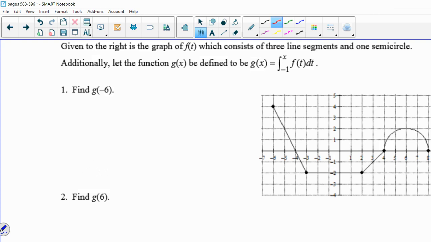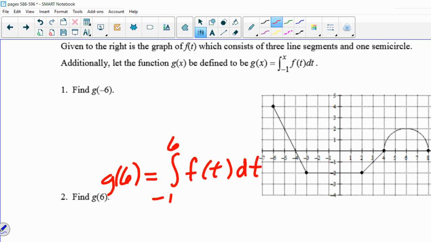Okay, sorry for the up and down business here. G of 6 is the integral from -1 to 6 of f of t dt. Well, I can do the integral from -1 to 6, I hope, from here to here, right? Let's see here. What's that piece? Area is 6, but it's below the x-axis, so that's a -6.